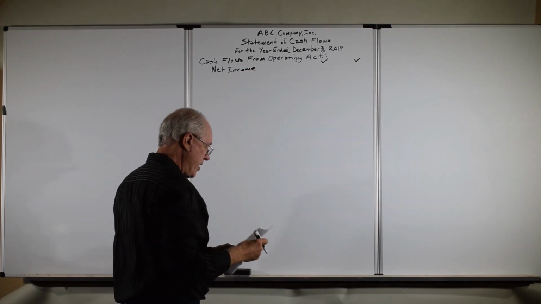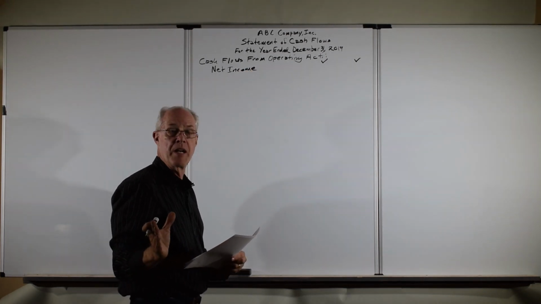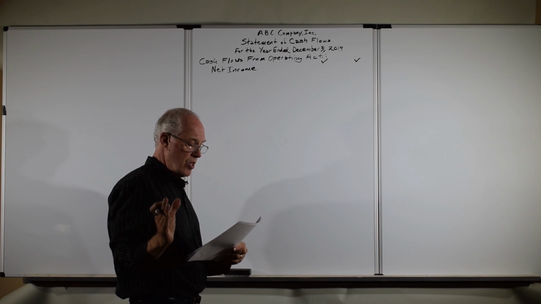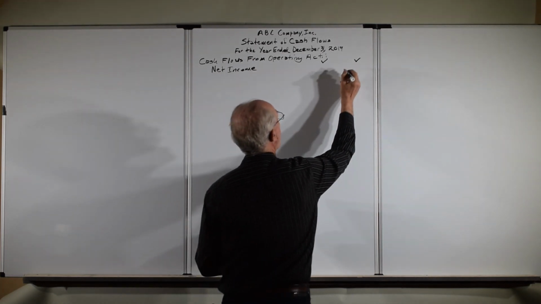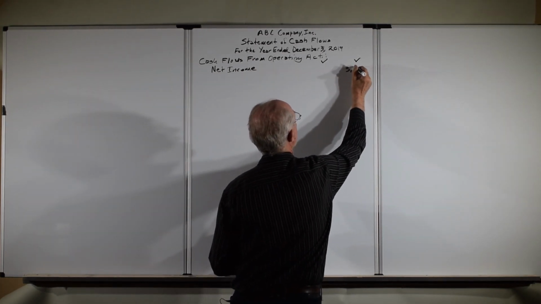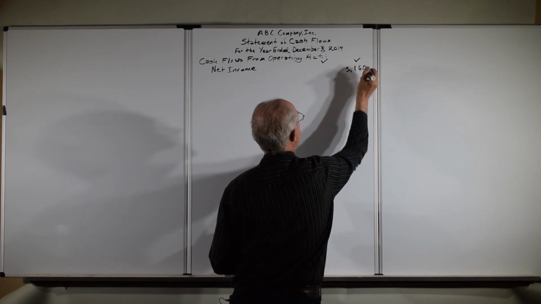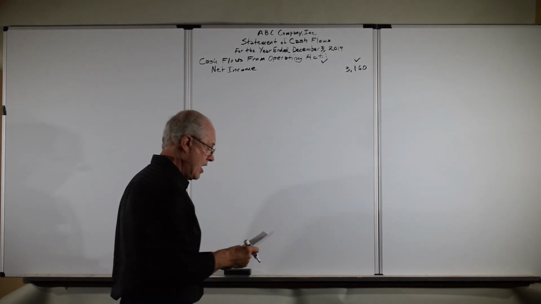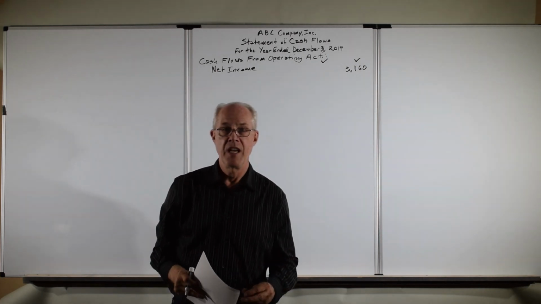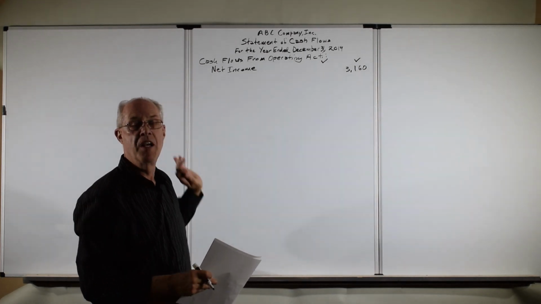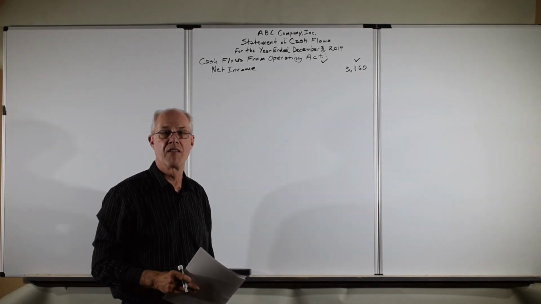And as you recall from the information that we showed just a couple of minutes ago in the office, it's $3,160 is the net income. So there we go. The next thing I've got to do is to convert this net income to cash flows from operating activities.